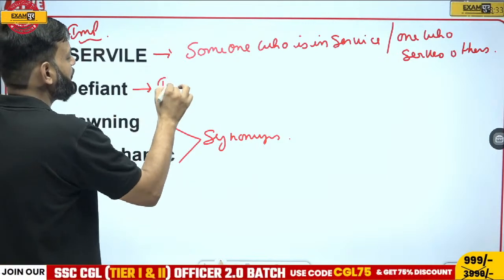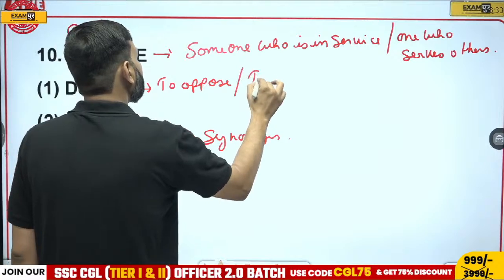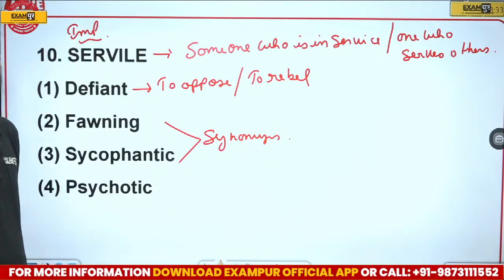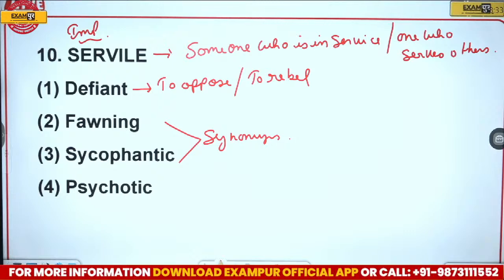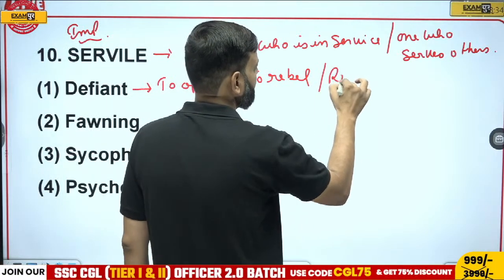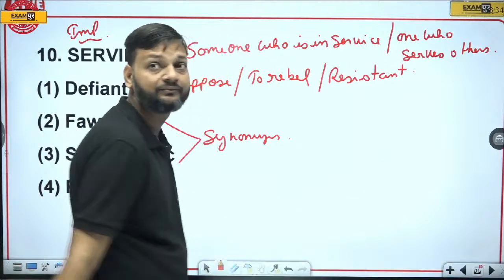Defiant means to oppose or to rebel. Okay, resistant. One more word is there: resistant.